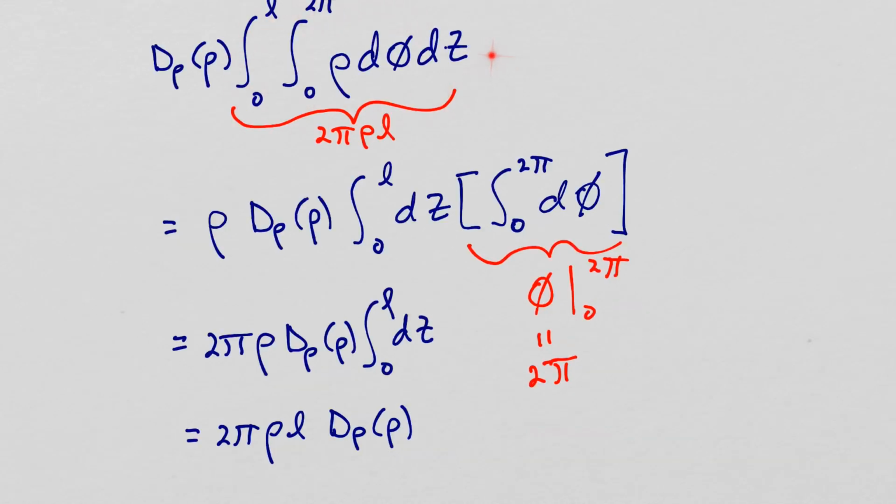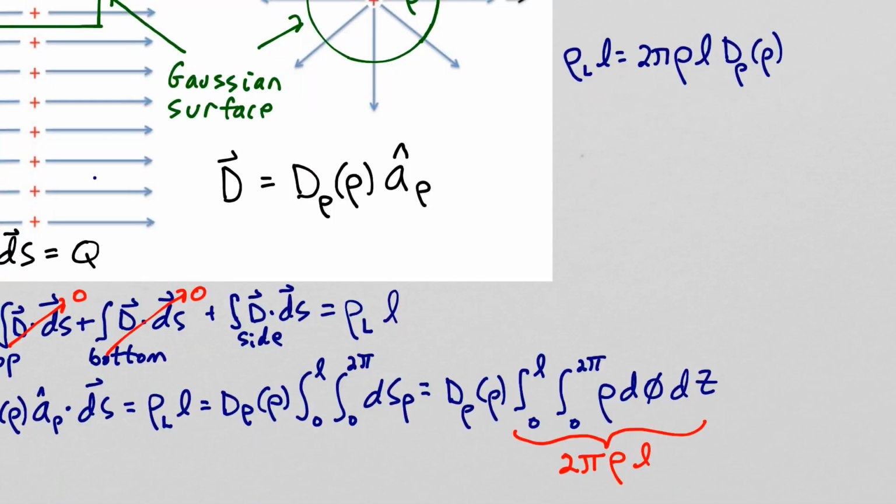We have our charge enclosed, rho sub L times L, equals our electric flux density field times 2 pi rho L. And the L's will cancel on the two sides. Solving for the electric flux density field, we get the line charge density rho sub L over 2 pi rho.